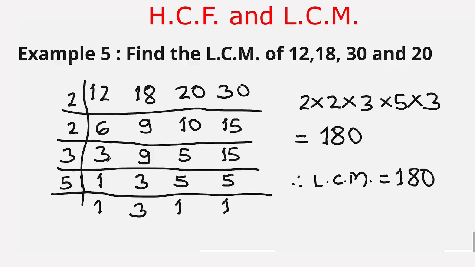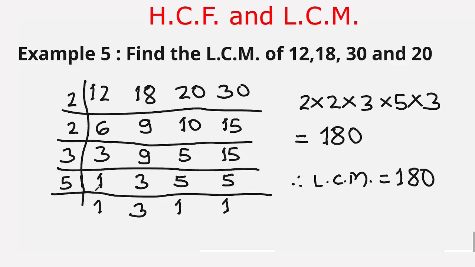The next prime number is 3 and we find that 3 divides 3, 9 and 15. So we divide these numbers by 3. 3 divides 3 for 1 time, 9 for 3 times. We carry 5 as it is, as 5 is not divisible by 3, and 3 divides 15 for 5 times.